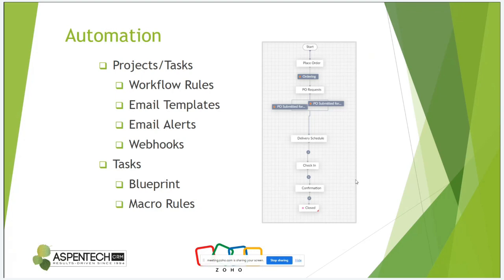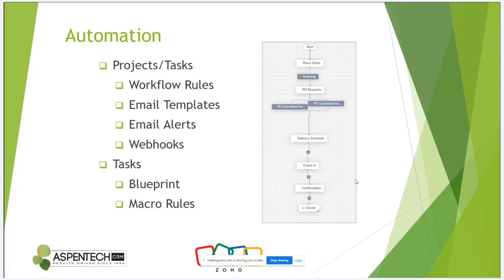Using a trigger in your workflow rule, you can update a field, you can send an email notification, you can push data from Projects to a third-party application via a webhook, or you can also add custom functions or actions that can be created via a workflow.